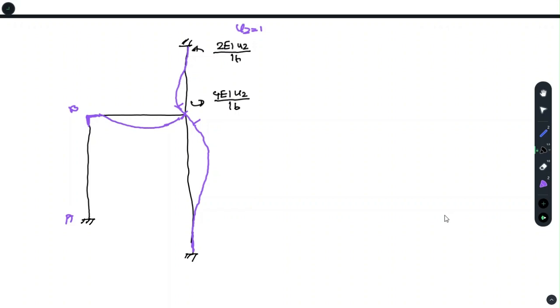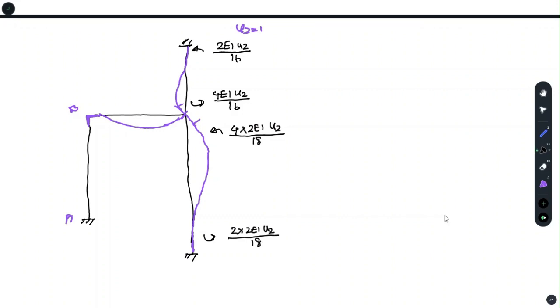For the lower frame, the moment will be anti-clockwise, like that, and the value will be 4 EI. Sorry, it will be twice EI, given twice EI U2 over 18. It will be half of it, which is twice into twice EI U2 over 18.